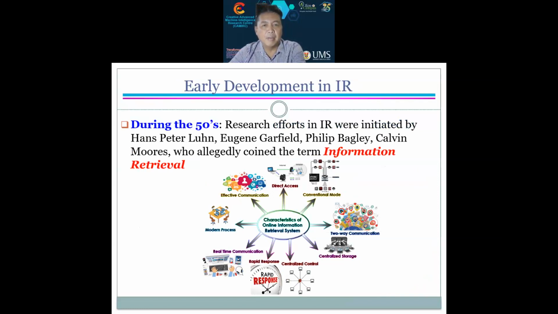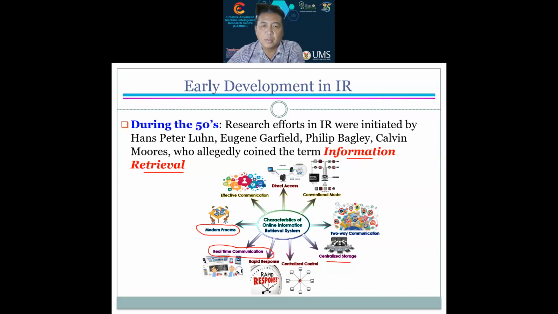During the 50s, most research was initiated by these people. This is a very famous one. Hans Peter Luhn, Eugene Garfield, Calvin Mooers, and they coined the term information retrieval. Nowadays, the characteristics of an online information retrieval system are centralized storage, real-time communication, and modern processing.